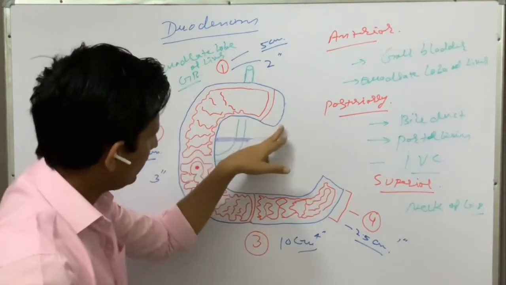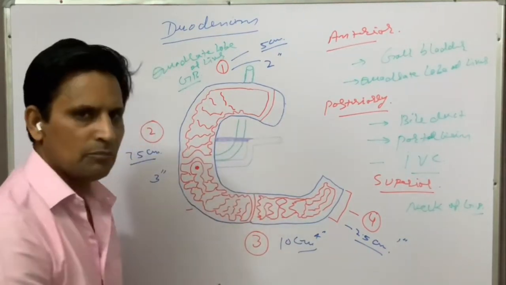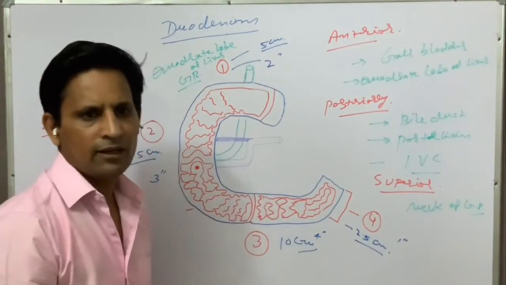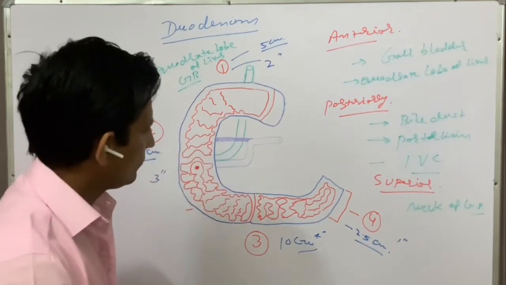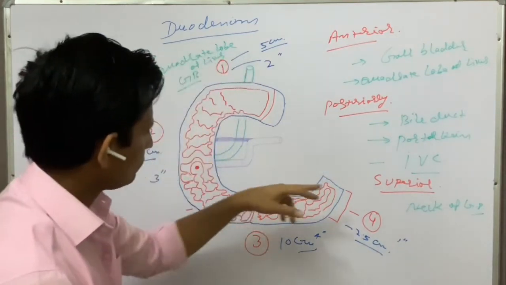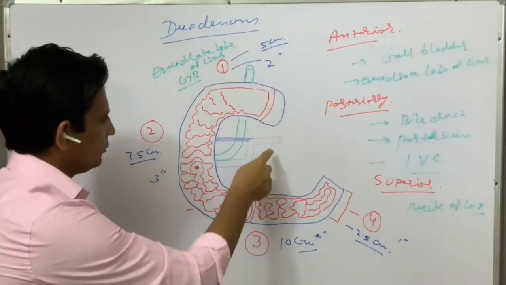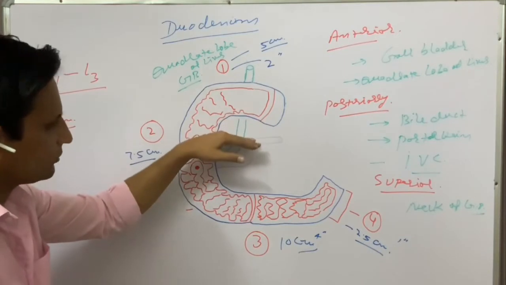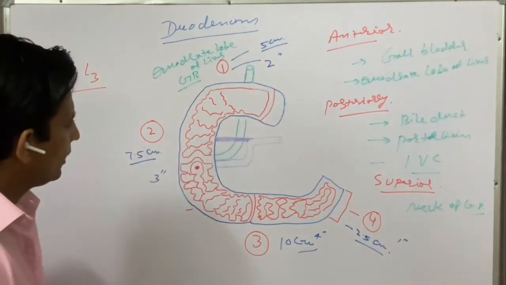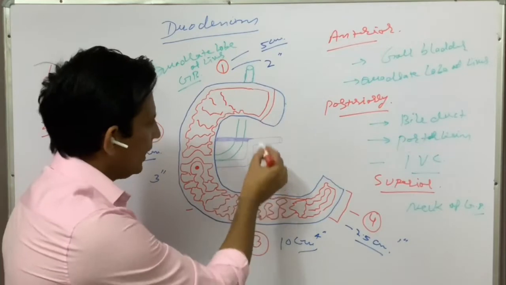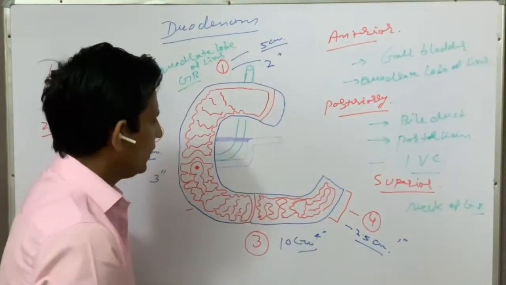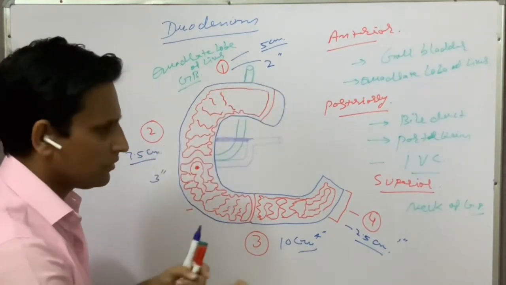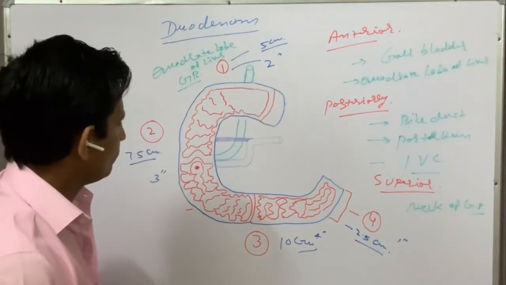The head, and here the neck. So some part of the head and neck are inferior to the first part of the duodenum. We will not write it here, but you can understand. So there are many vital structures passing around the first part of the duodenum.